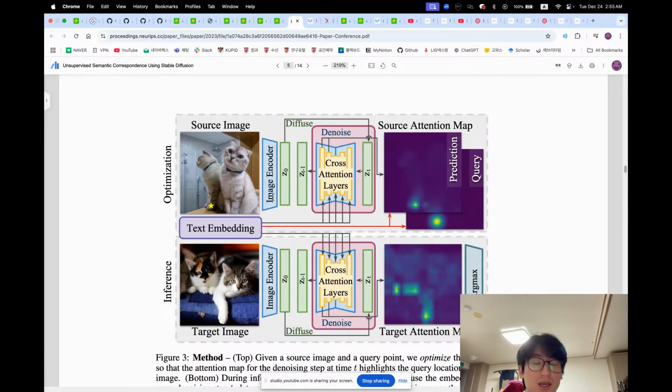Okay, go to VE0, diffuse, denoise. Get the source attention maps.